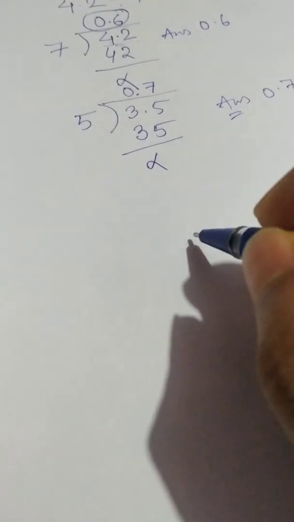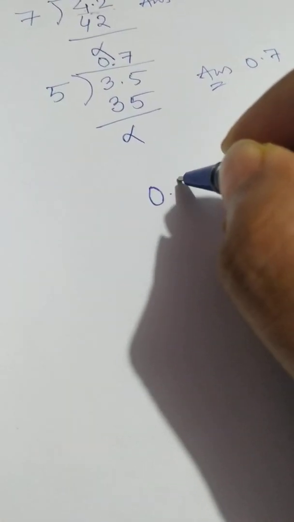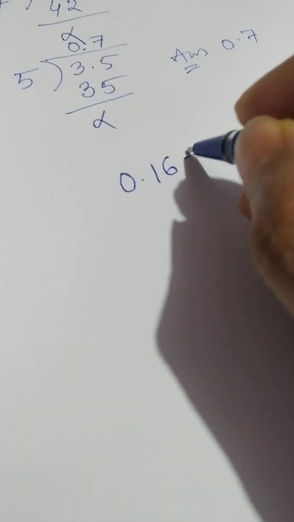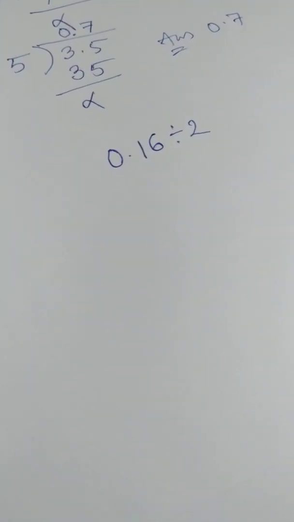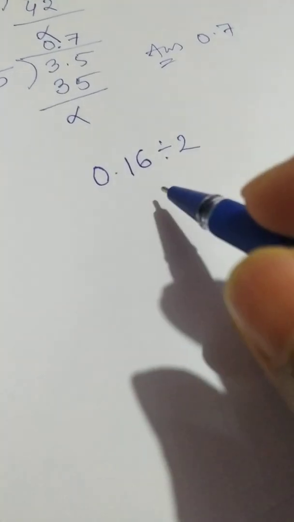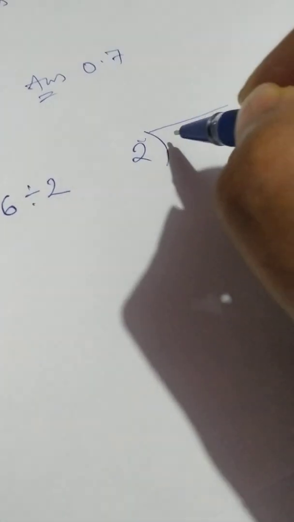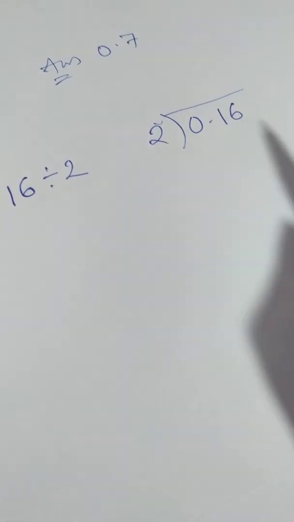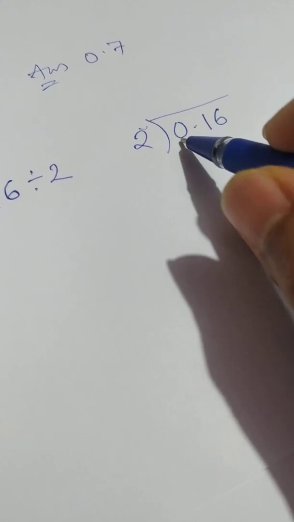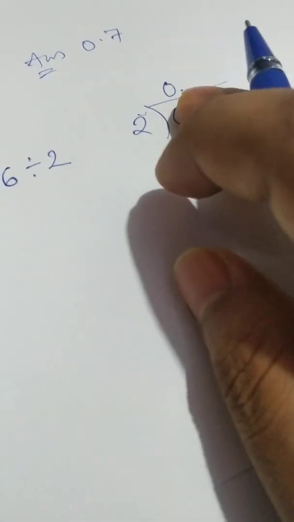Let's say this is another type of division. 0.16, and you need to divide this by 2. So how can you divide it? For this 0 point, we can already put the same thing, 0 point, as it is.